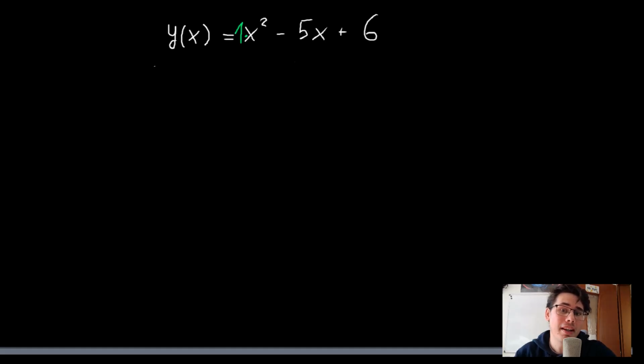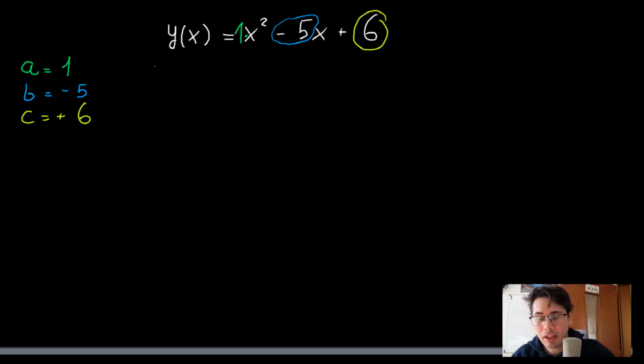There's 1x squared, so A is 1. How many x's do we have? We have minus 5 x's. And how many constant terms? We have plus 6.